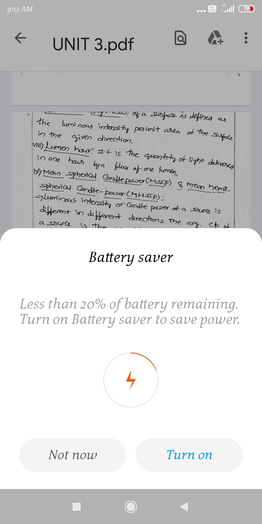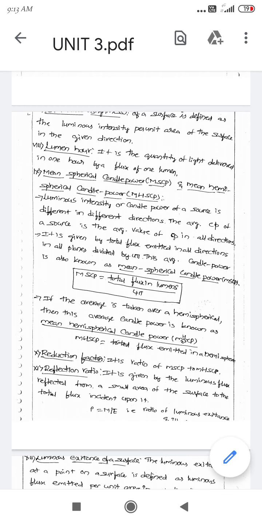The luminous intensity or candle power of a source is different in different directions. The average value of candle power over all directions is the mean spherical candle power. MSCP is equal to total flux in lumens by 4 pi.